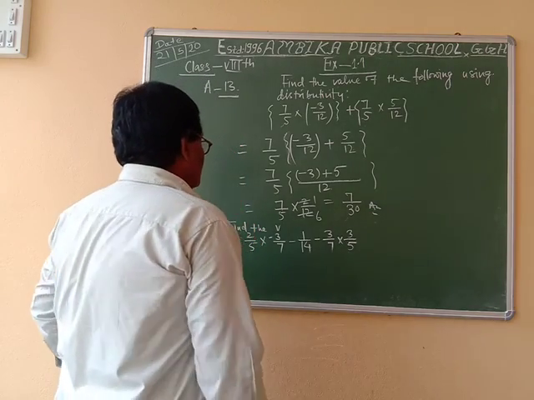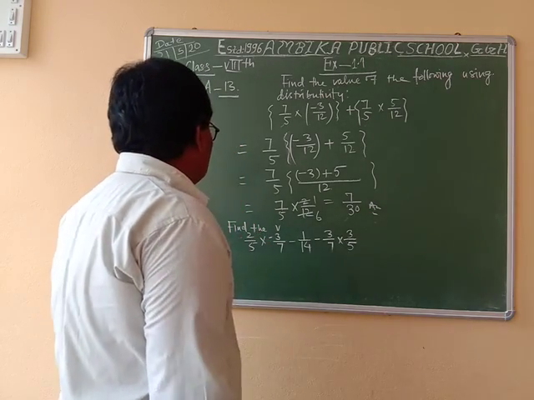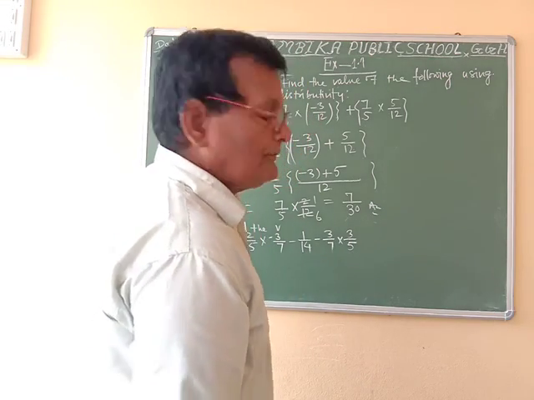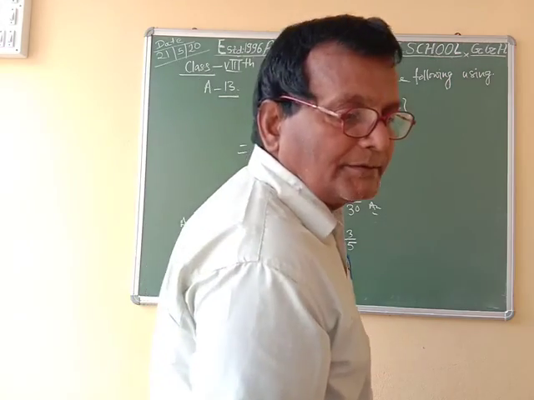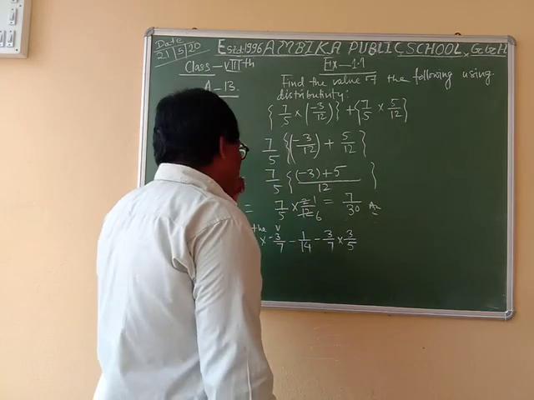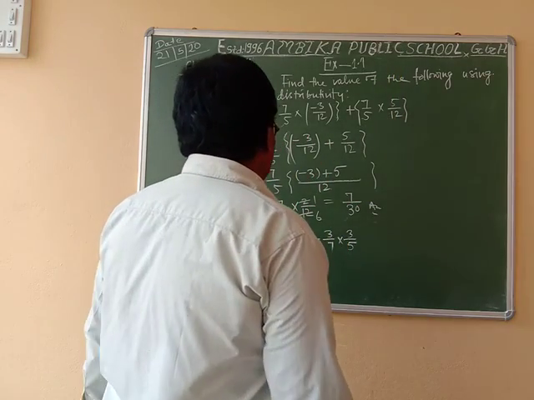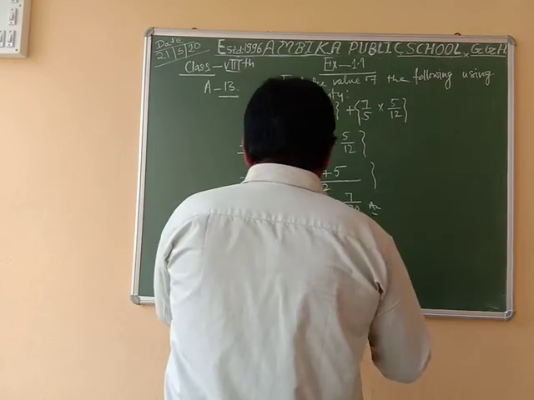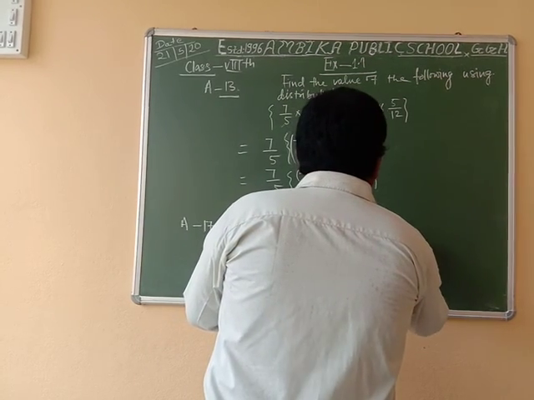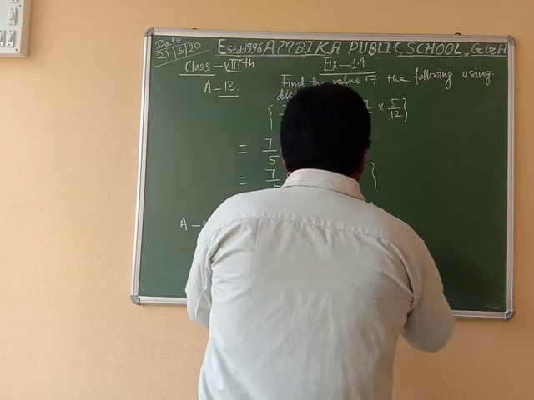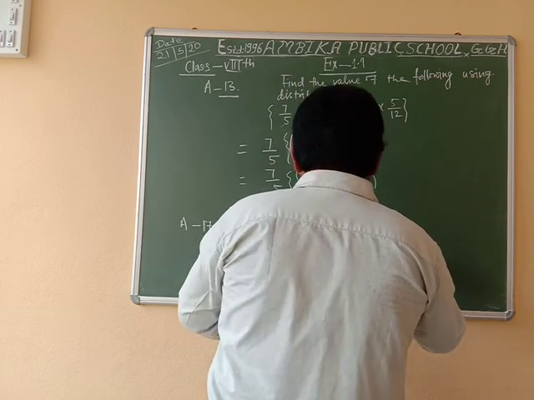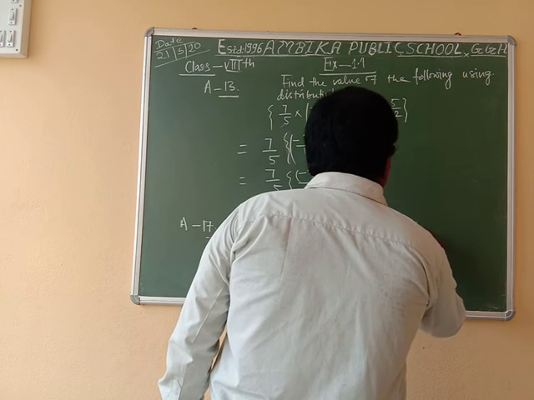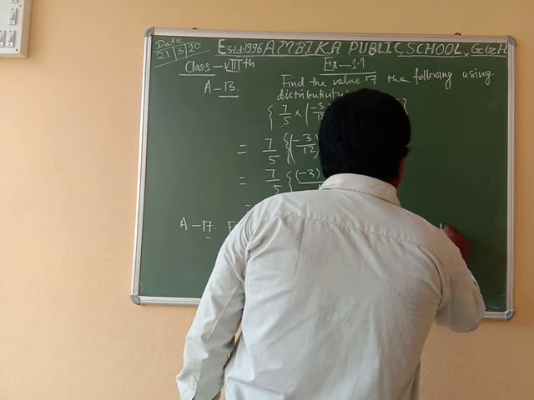Here the problem is 2 by 5 into minus 3 by 7, minus 1 by 14, minus 3 by 7 into 3 by 5. Minus 3 by 7 into 5 by 5, minus 1 by 14.